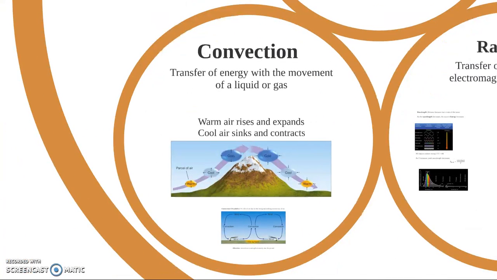The second type of heat transfer resulting in a change of temperature is what we call convection. Convection is the transfer of energy with the movement of a gas or a liquid. A good example of this: you're sitting in a swimming pool, enjoying the nice warmth of the pool, and then all of a sudden, just sitting there, the water turns cold.